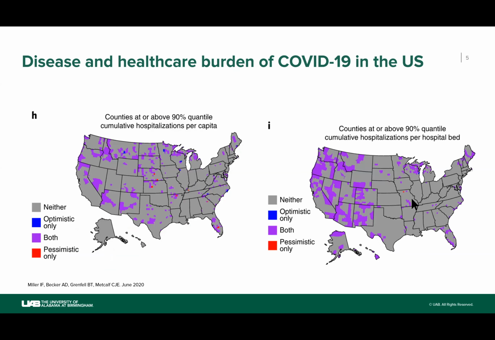So this other work by Miller et al., they tried to focus and see how the counties might cope with the COVID burden. So they used some simulation to identify counties which are at or above the 90% quantile for hospitalizations per capita, meaning they're technically overburdened. They actually looked at an optimistic picture and also pessimistic and a combination of both.